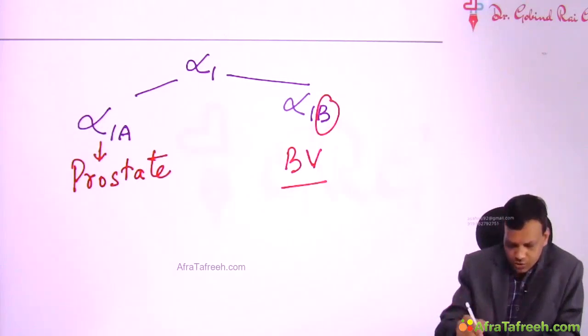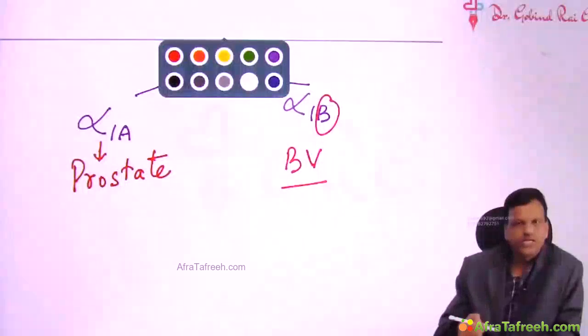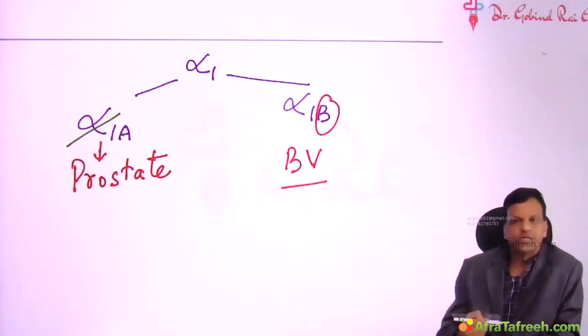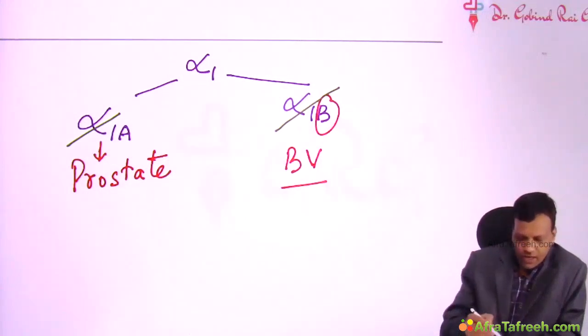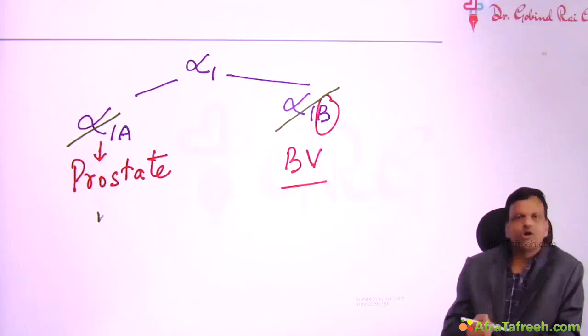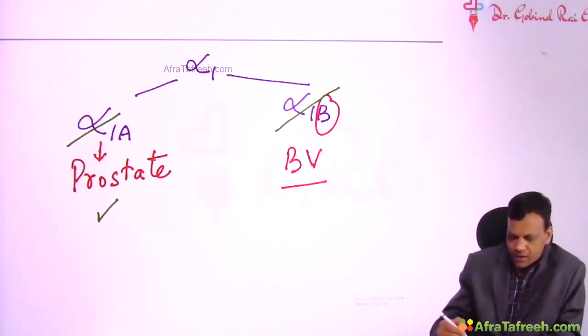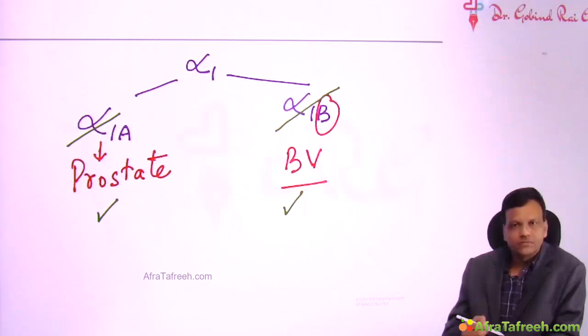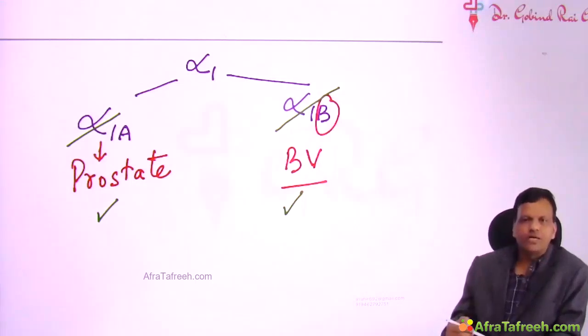The drugs we are discussing so far, like prazosin and terazosin, block both alpha-1A and alpha-1B. By blocking alpha-1A, they increase urine outflow, so they are used in BPH. By blocking alpha-1B, they cause vasodilation, so they are useful in hypertension. But by blocking alpha-1B, they also cause postural hypotension.